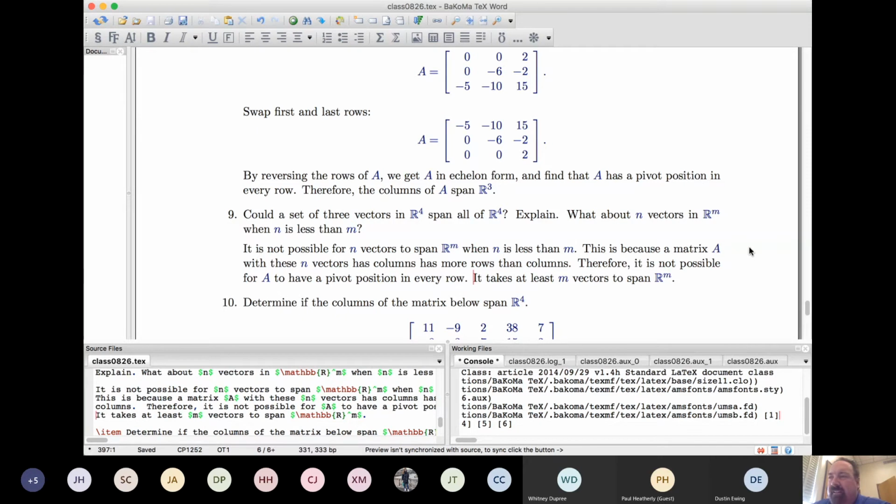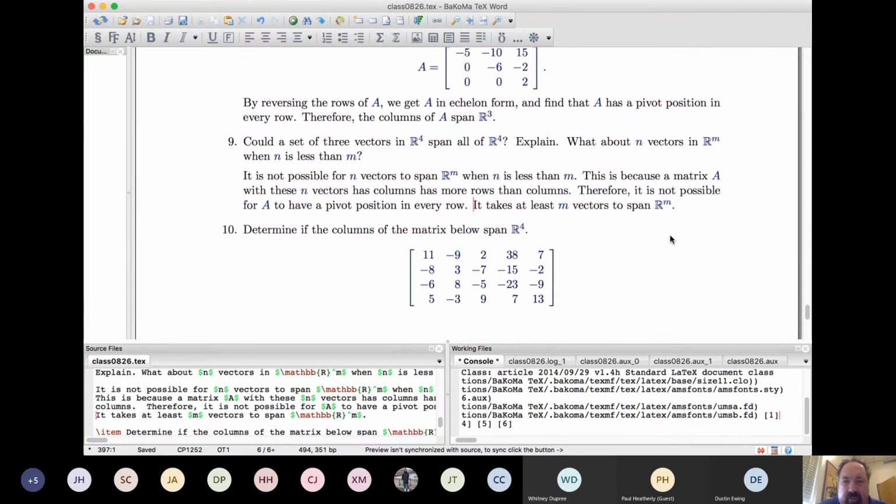Because what if 18 of those 20 vectors are linear combinations of the remaining 2? Then you really are only covering a 2-dimensional subspace of R4. Subspaces is something that we'll be dealing with a lot more later. But the point is, whatever the dimension is, you have to have at least that many vectors to span it. That is necessary, but still not sufficient.